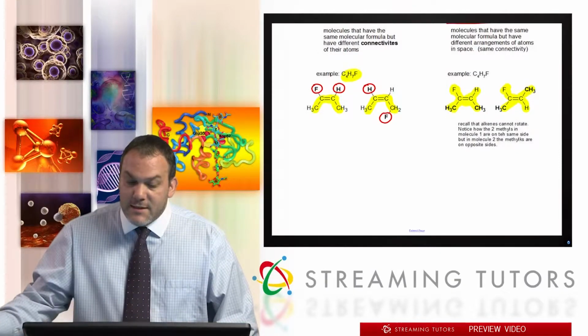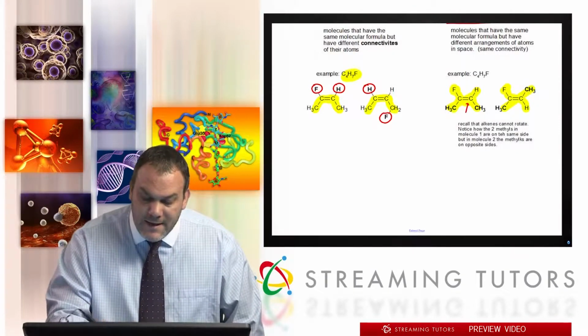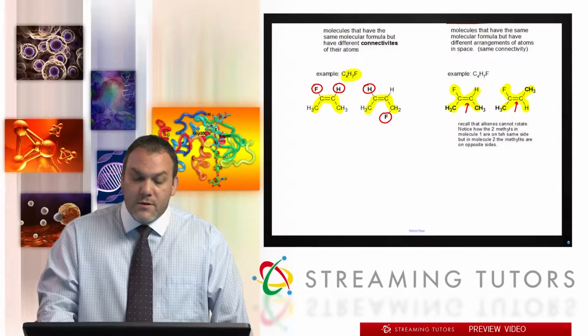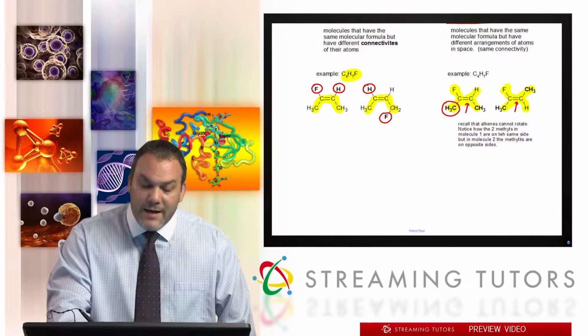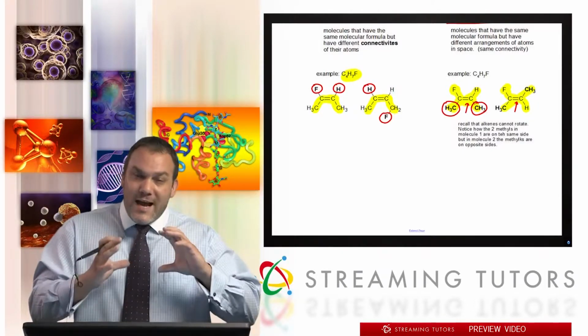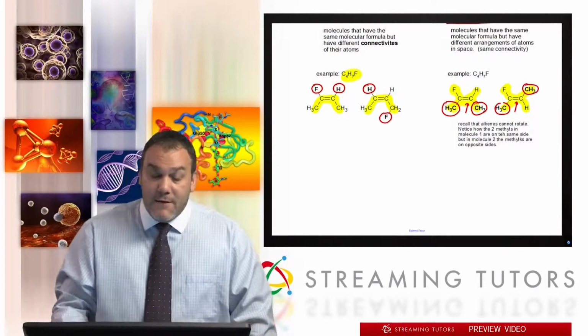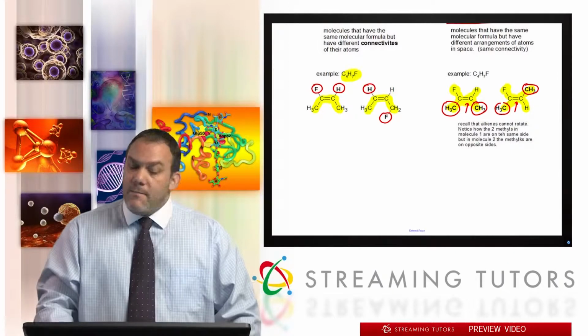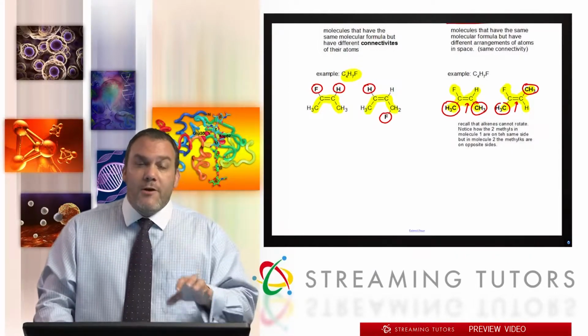So the fact that we have this double bond right here restricts rotation. So if we have a CH3 and a CH3, and they're on the same side, you could not spin it around to get them on opposite sides. If it was an alkane, you can, but not an alkene. So this is an example of stereoisomers.